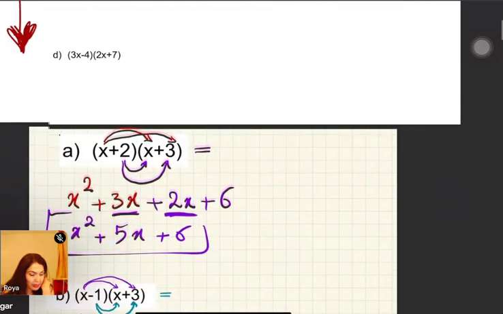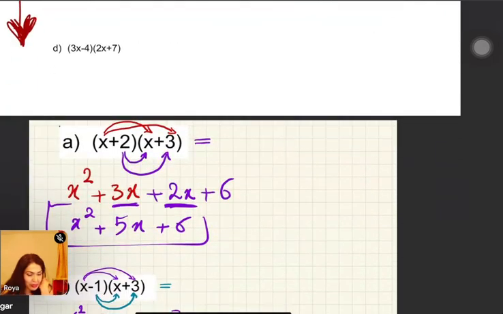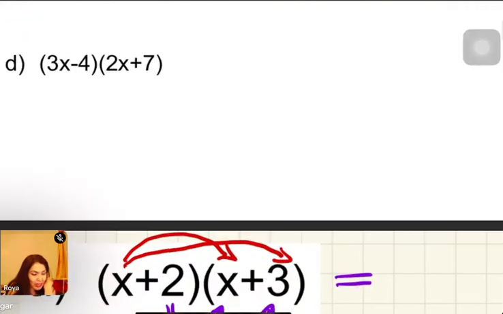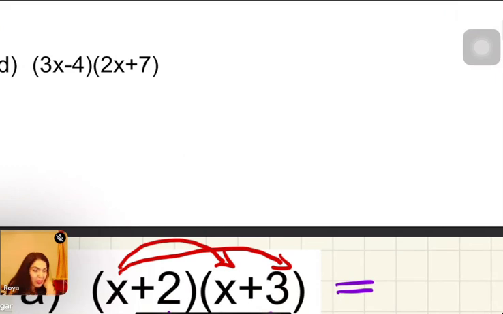And this is question A. Let's calculate number D. Three x times 2x and 3x times 7.